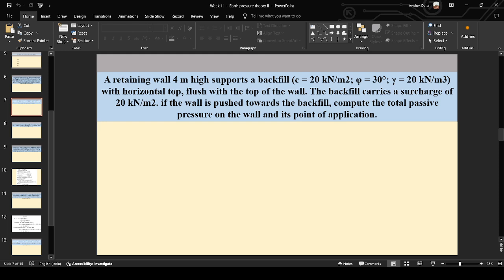The backfill carries a surcharge of 20 kilonewton per meter square. If the wall is pushed towards the backfill, compute the total passive pressure on the wall and its point of application. Clear? I'll go to the next question now.